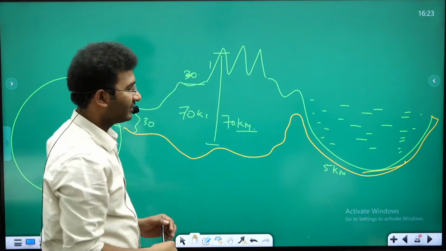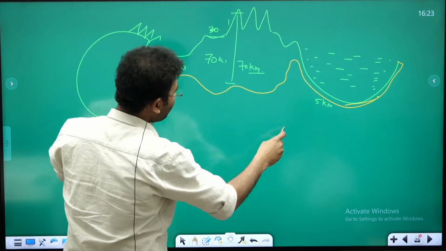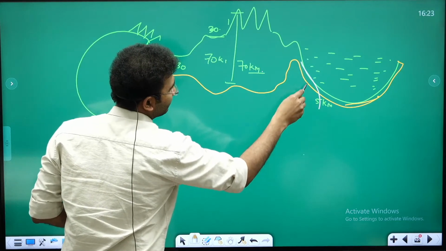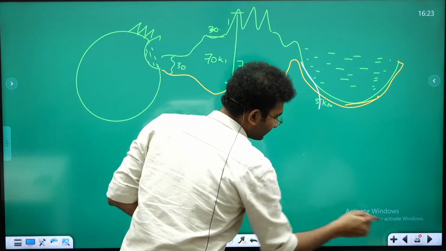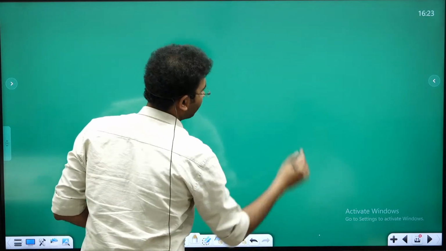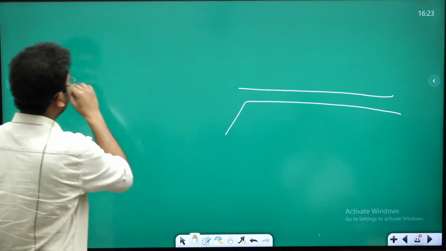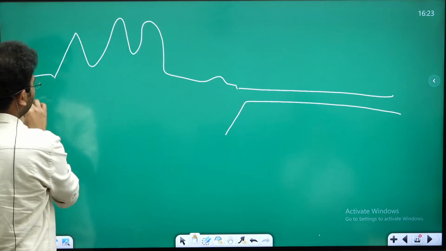Now sinking, let us try to understand this. Here for some reason there is a break. So I'll redraw this. Imagine this is your oceanic plate and this is your continental plate.